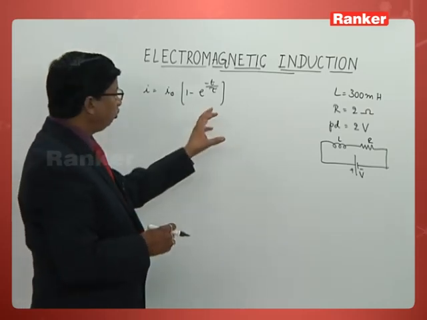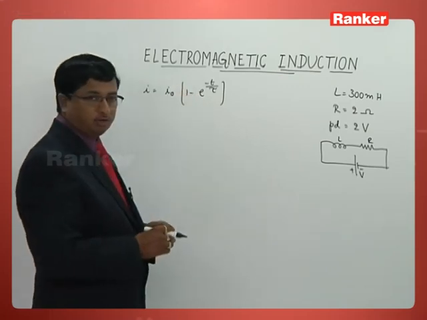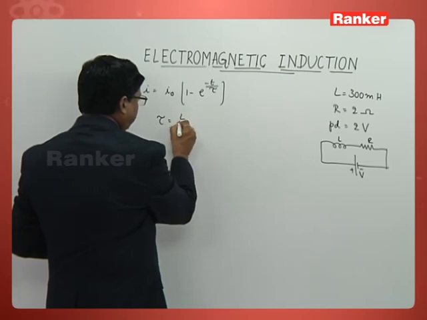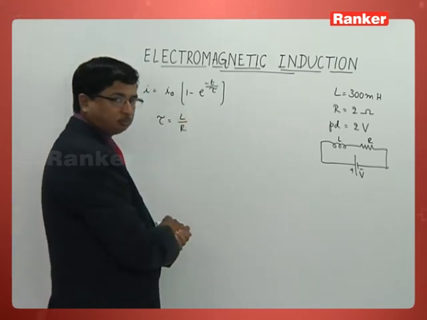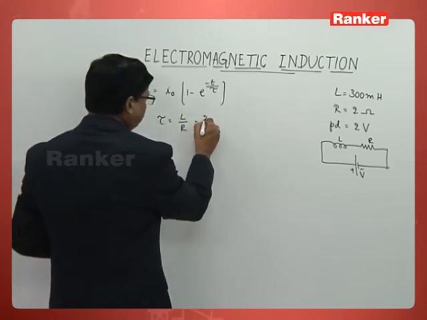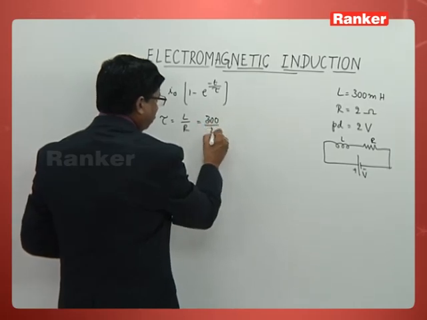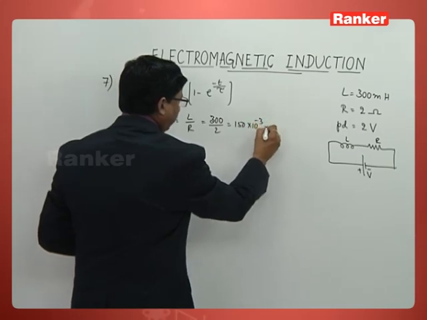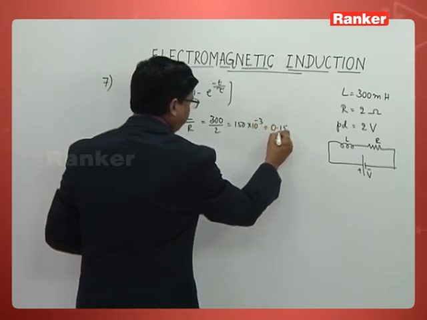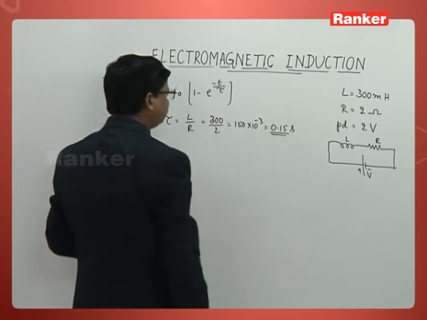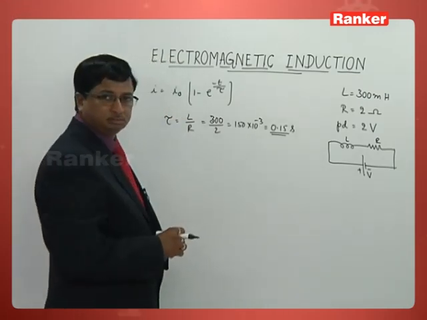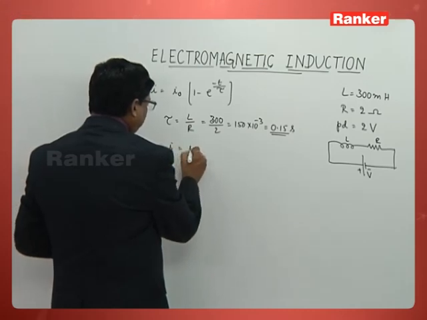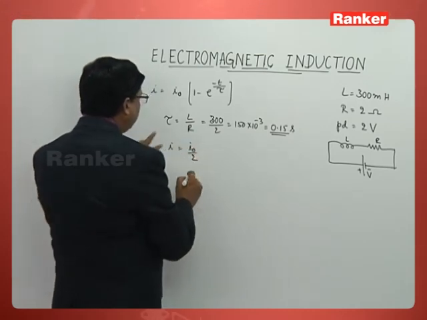So what is going to be this time constant first of all? Tau is known to you all as L by R. So you can write 300 over 2, which is 150 into 10 power minus 3, that is 0.15 second. And of course the value of I is given as I naught by 2.